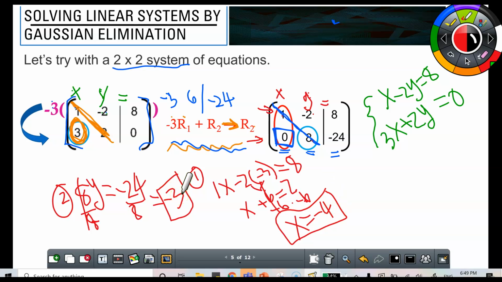How are you going to check your answer? Plug -4 and -3 into the place of x and y and see if it's going to make the original equation true. So let's plug it in the second equation. First equation must be true because -4 comes from the first equation. Right?